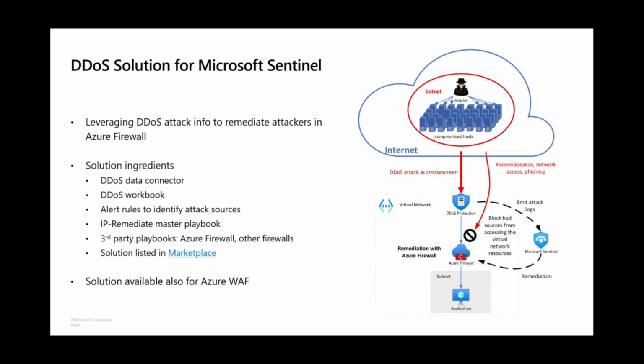This solution is also available for Azure WAF, so you can block these source IPs directly in the custom rules on the WAF, and it's done automatically. This is an automation that you can simply deploy, and you will have this solution available in your environment, using information from different solutions to increase the security in your organization.